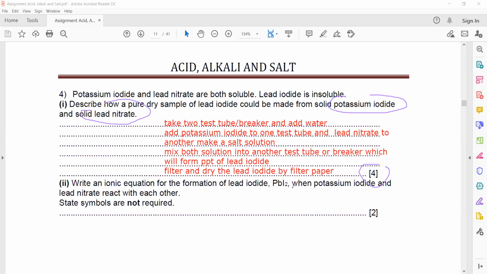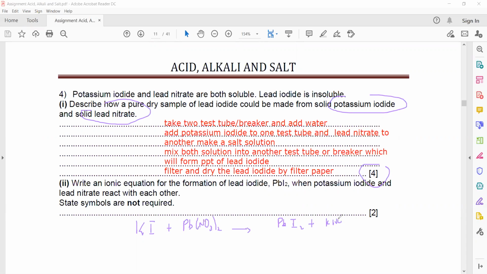Then you have to write an ionic equation. So how to write an ionic equation? First we have potassium iodide. It is reacting with lead nitrate, basically lead 2 nitrate, and it gives lead iodide plus potassium nitrate.